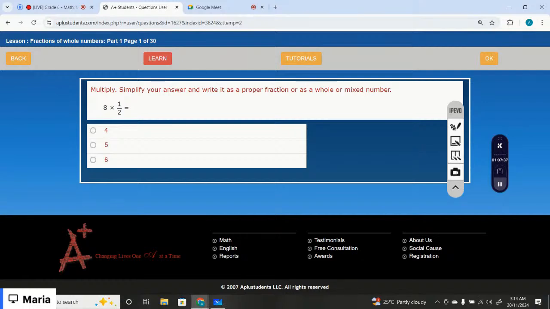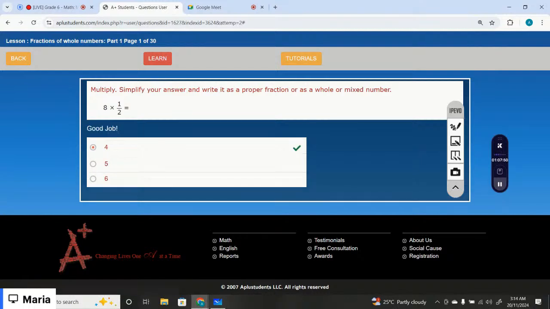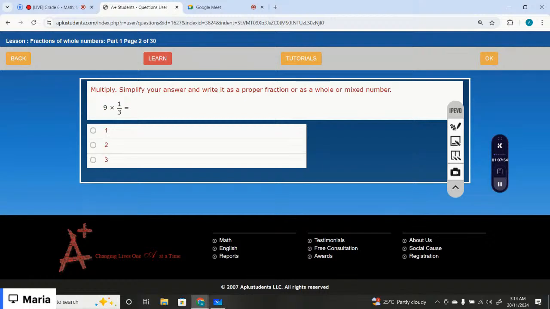8 times 1 is 8. 8 divided by 2, 2 times what number is 8? 2 times 4 is 8. The correct option is 4. Option number 1 is the correct option. The next one is 9 times 1 by 3.